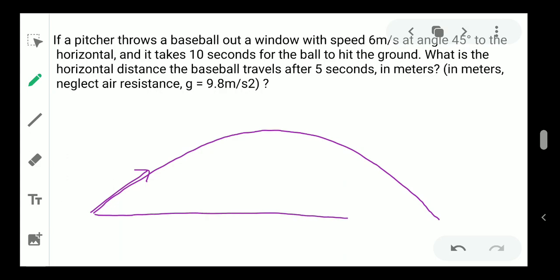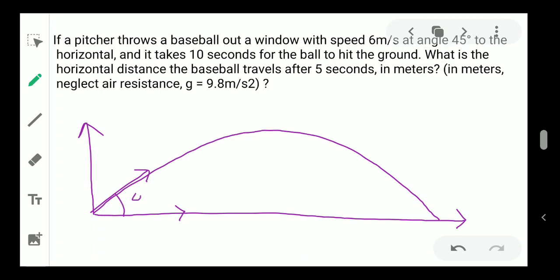So in that case it's a complete projectile motion, so we can obviously split the speed, because in this case theta is not 90 degrees, so there will be contribution in two directions.